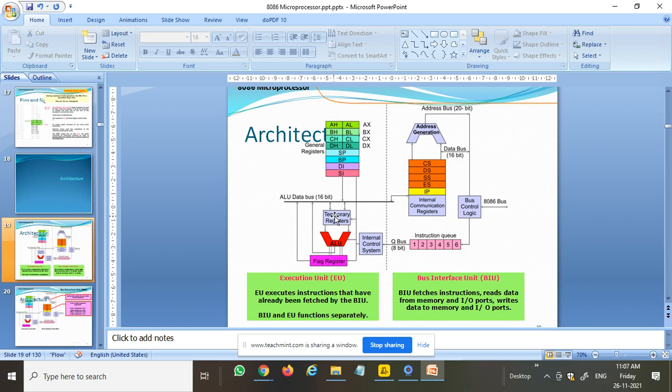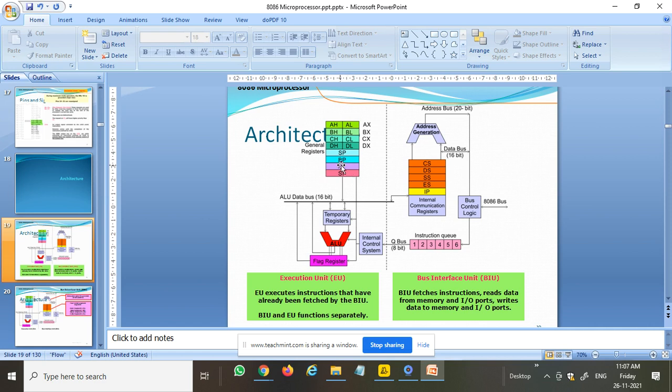On the left-hand side is the general purpose registers: AX, BX, CX, and DX, each divided into two parts. AH stands for accumulator high, AL for accumulator low. These are 16-bit general purpose registers: AH, AL, BH, BL, CH, CL, DH, DL. SP is the stack pointer, BP is the base pointer, SI is the source index and DI is the destination index.